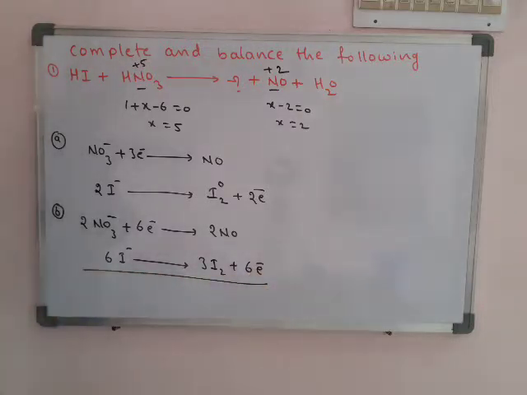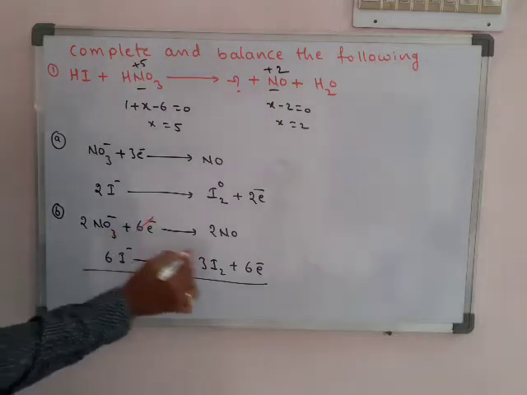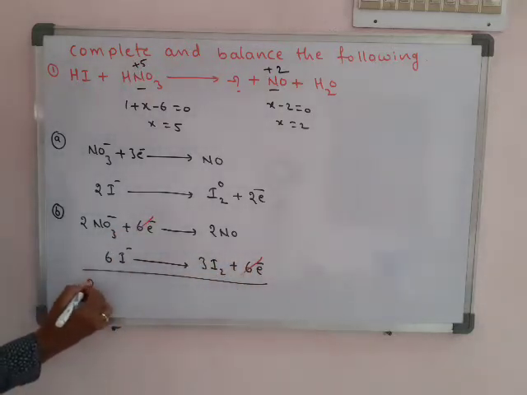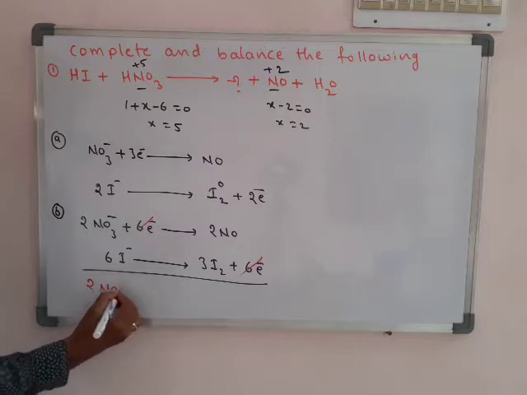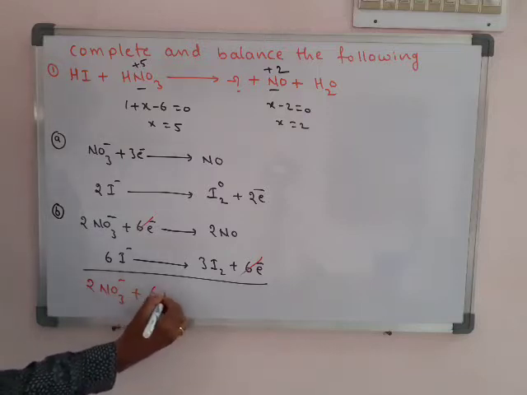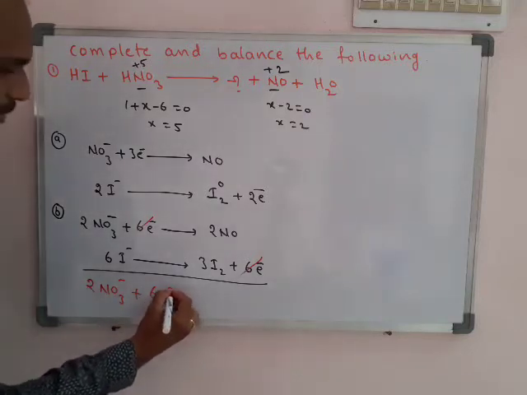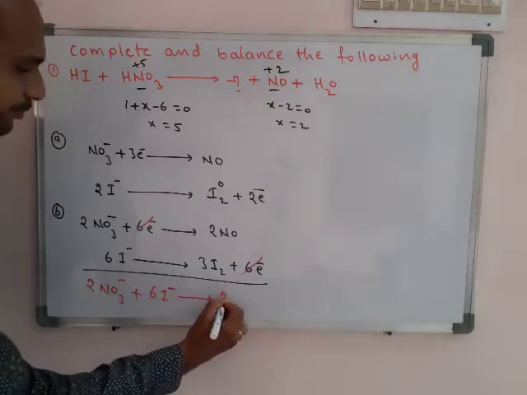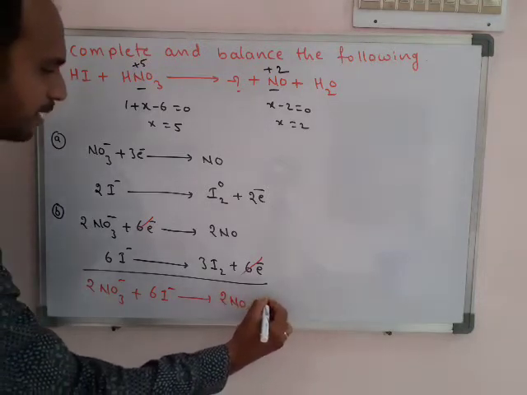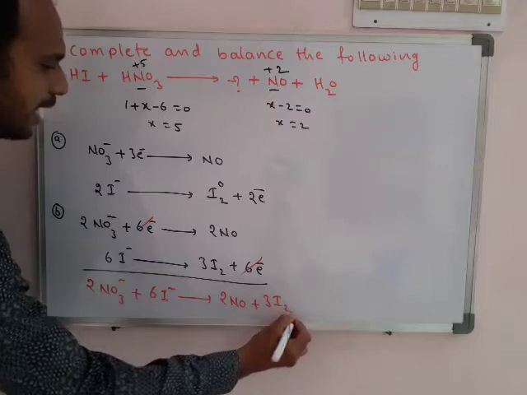The electrons get cancelled. So it becomes 2 NO3 minus plus 6 I minus giving 2 NO plus 3 I2.